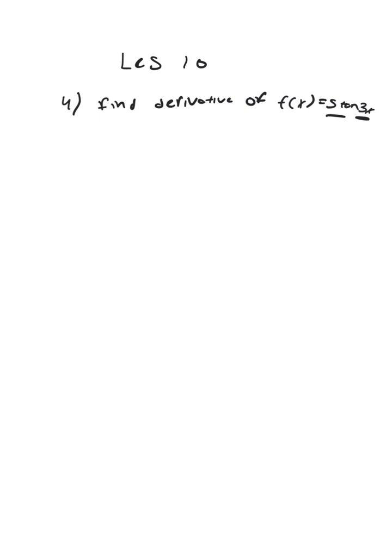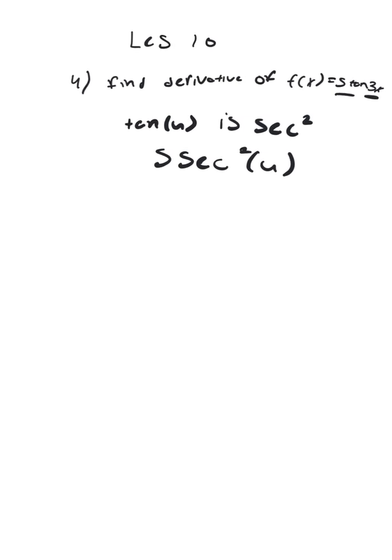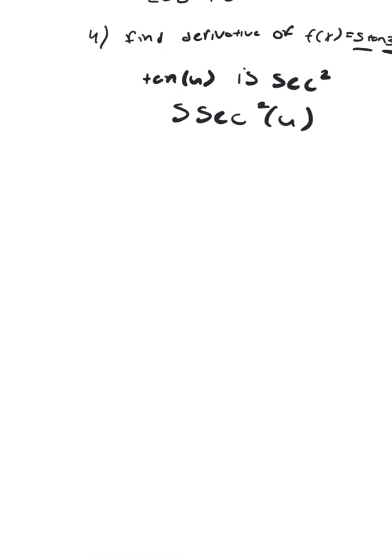So the derivative of tan u is secant squared, and we can put that here. Now we have to find the derivative of the inner function, 3x, and that would be 3.